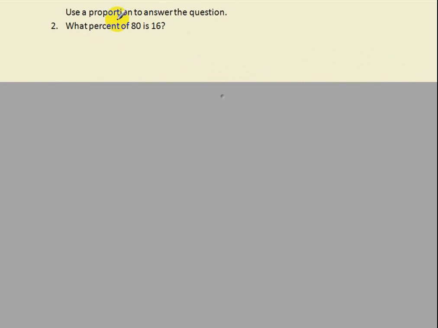Okay, number 2, and here the directions specifically tell us to use a proportion to answer the question. So what percent of 80 is 16? So what percent means x will go over 100, and that is equal to, of 80 means 80 goes in the denominator, is 16, 16 goes in the numerator.